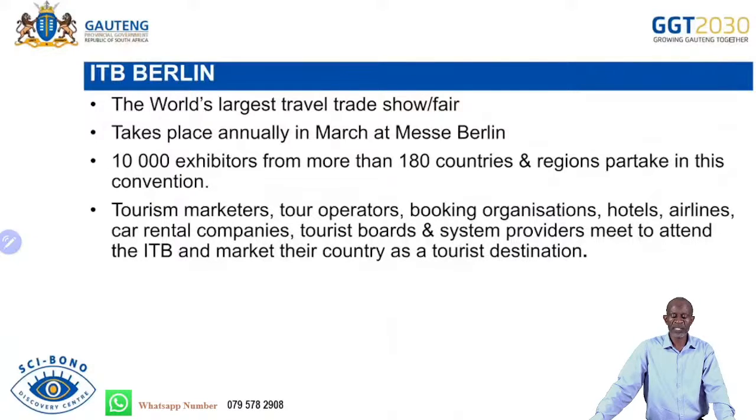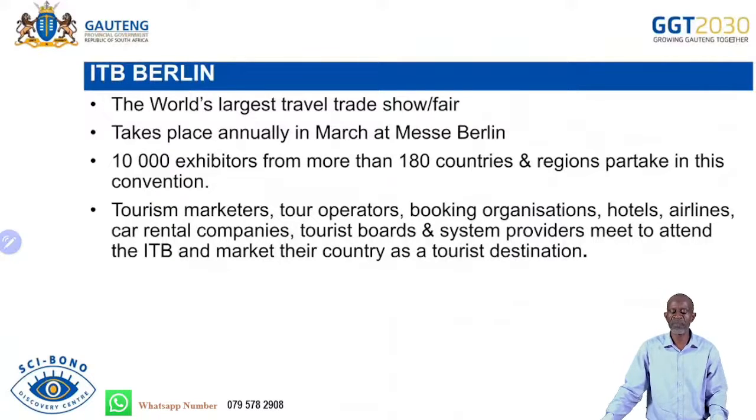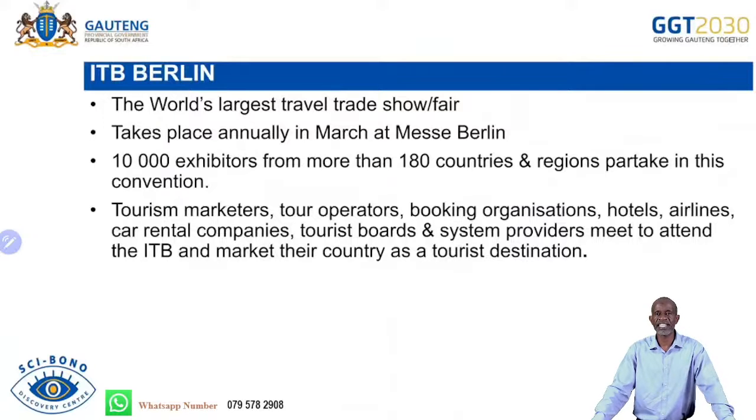So you have 10,000 people who showcase their tourism products, and they come from over 180 countries. This is an opportunity for South Africa to showcase and advertise their products to these 180 countries that participate and beyond.